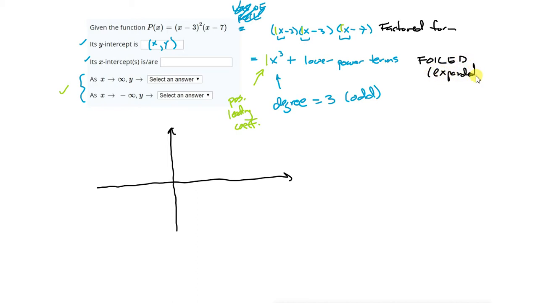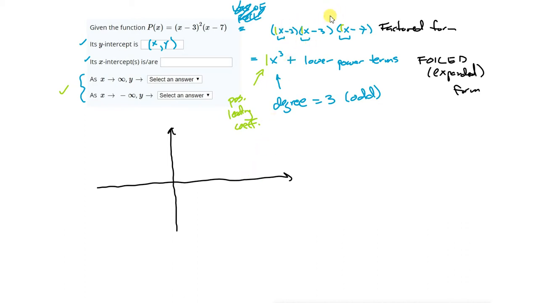That's not as useful. The factored form is much more useful because in the factored form, anytime a factor equals 0, you get an x-intercept. If x minus 7 is 0, the whole height of the function at that x value would be 0, which means you're on the x-axis. When the height is 0, you're on the x-axis.